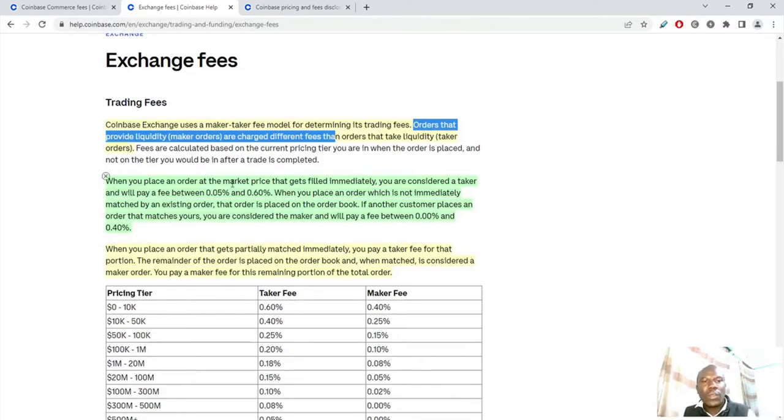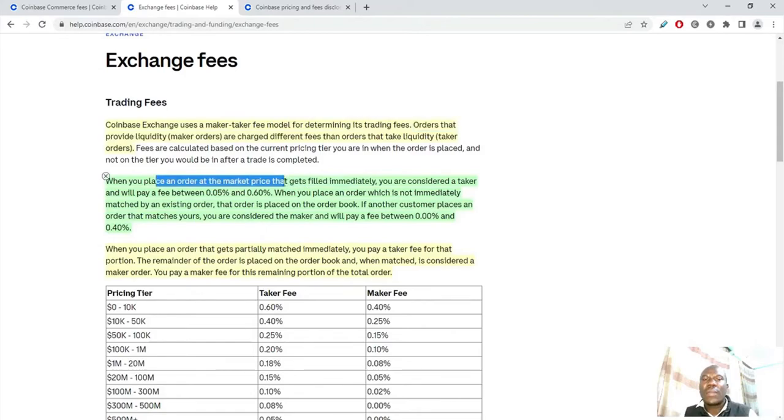When you place an order at the market price, that gets filled immediately. When you use USDT to buy Bitcoin, it will wait for the sellers, and when a seller matches your order, your order will be filled.